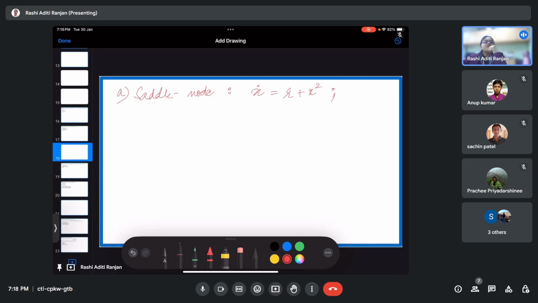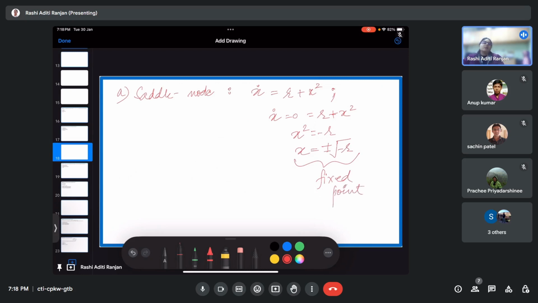Can anyone tell me what are its fixed points? Okay, in order to calculate the fixed point, what do we do? We set x dot equals 0, which is equal to r plus x square. From here I get x square equals minus r, x equals plus minus square root of minus r. This gives me the fixed point, or what we call the equilibrium point.